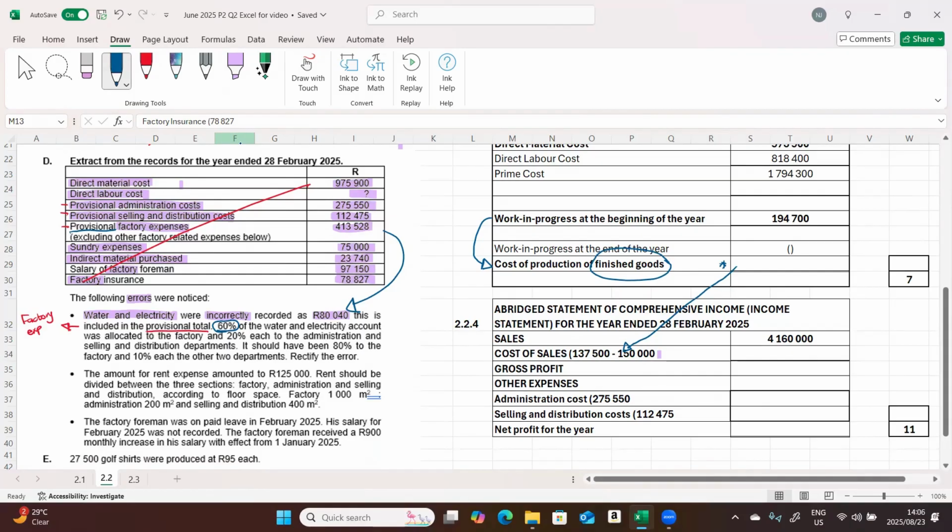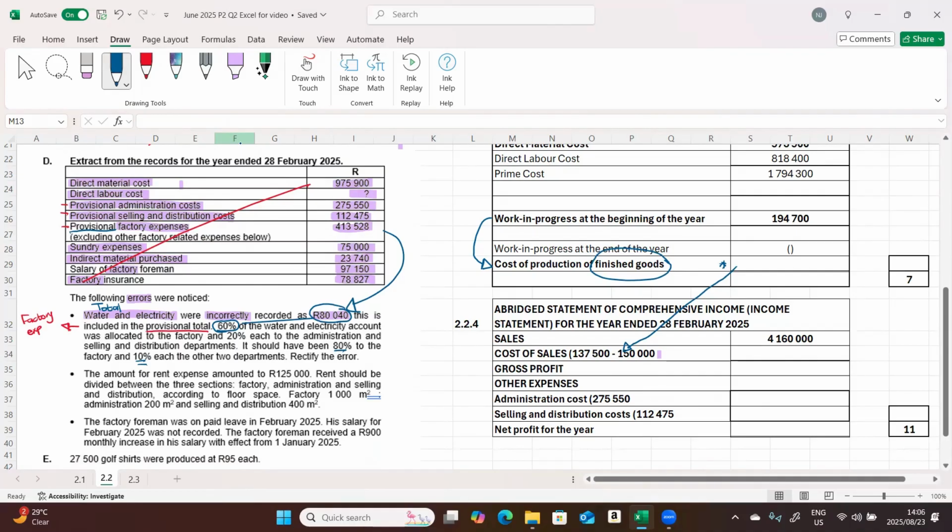Some of you might have taken this amount and multiplied it with 80 and with 10, and that is completely wrong. Why? Because we need the total water and electricity bill that we have to split 80, 10, 10. Do you understand? This 80,040 represents 60% that is included within the factory expenses.